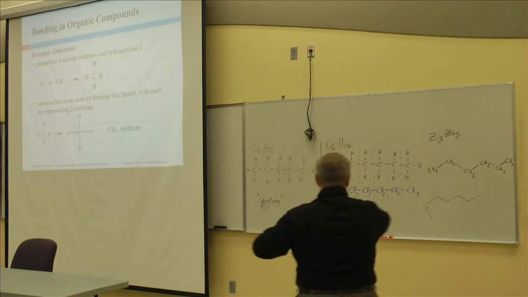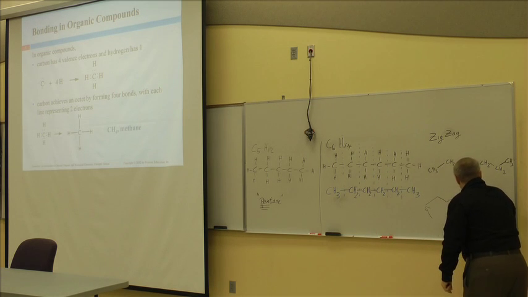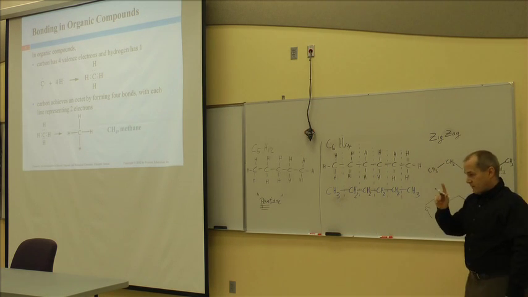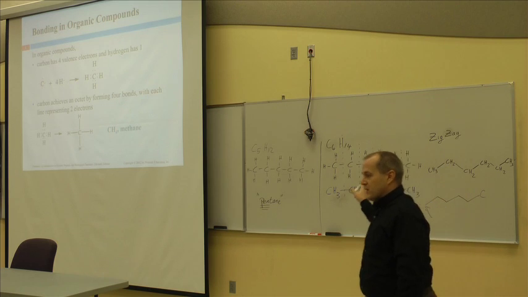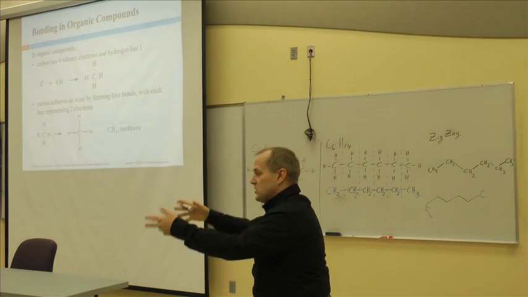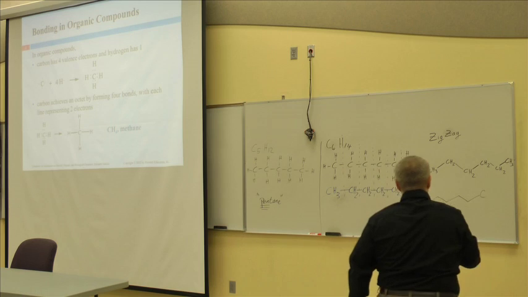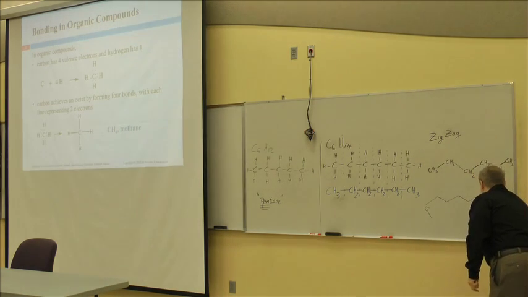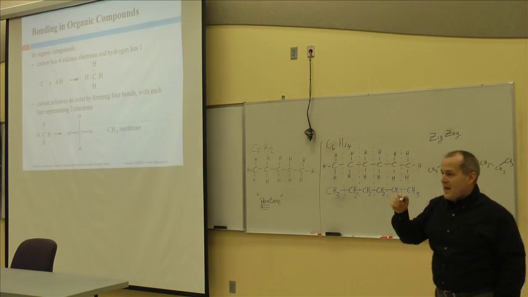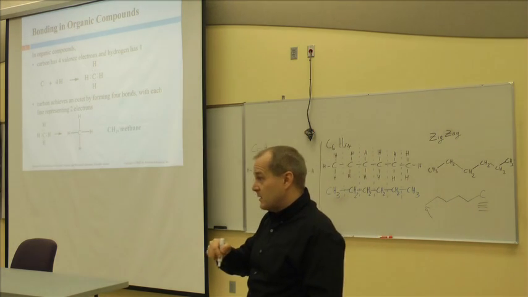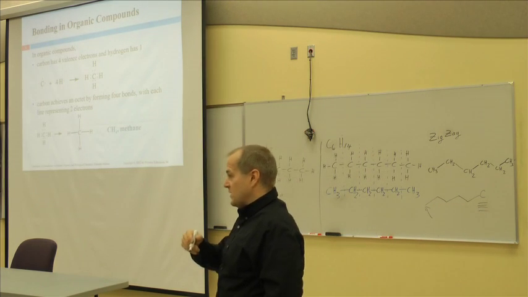Now, if that is carbon, let's just draw it there. In a line drawing, you never draw the carbons in, but let's just draw it there for illustration purposes. If this is a carbon, and we know carbon has to have how many bonds? 4. Everyone say 4.